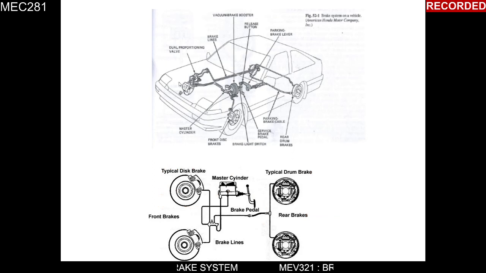Okay, this diagram shows the exploded components of the braking system. This is the basic one where we have the release button for the parking brake, the parking brake lever, the vacuum brake booster, and so on. Some of these components will be discussed later in the slides.